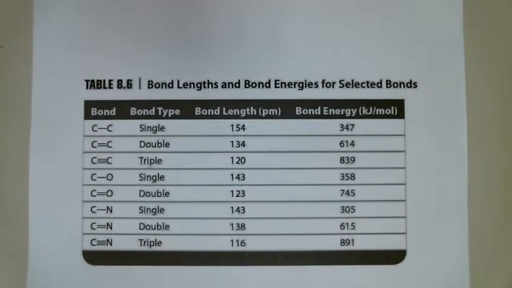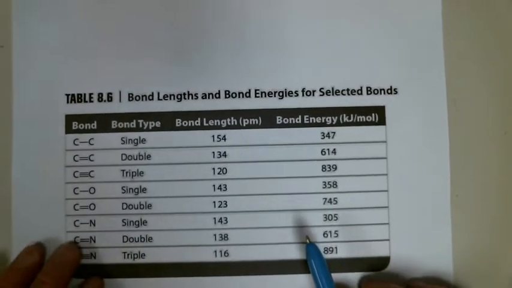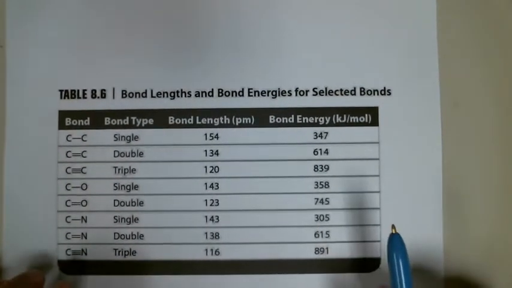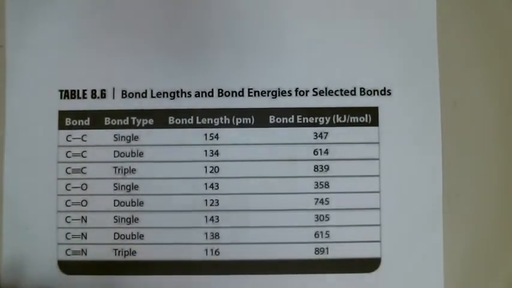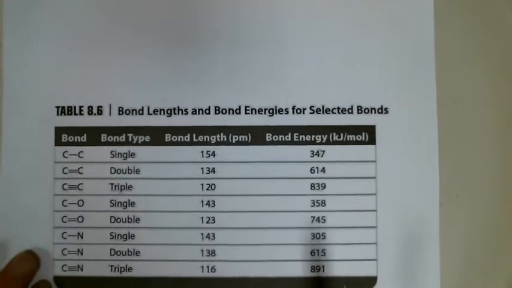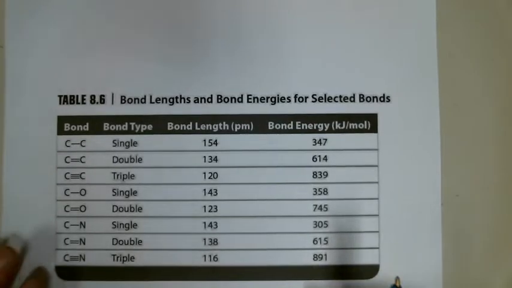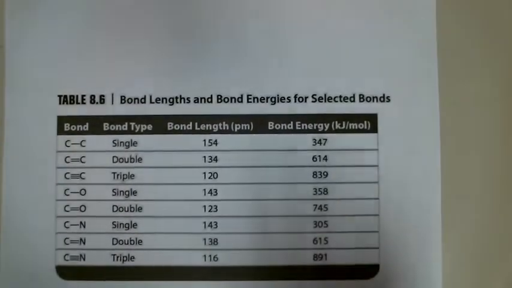So this is another table that has bond lengths and bond energies for a few of these bonds. So we need to define a couple of things, and this may make more sense after we start doing Lewis structures, but you know, we'll see.